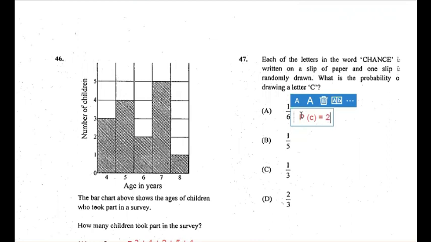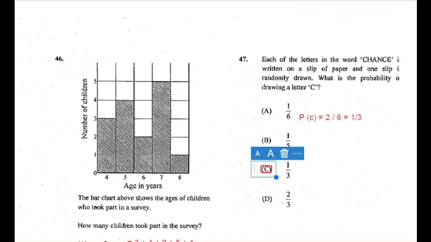We have 2 C's in the word CHANCE, divided by the total letters: 1, 2, 3, 4, 5, 6. So it is 2 divided by 6. And as always, as I've been preaching, always simplify your fractions. When you simplify, you will get 1 over 3. So our answer for 47 is C.